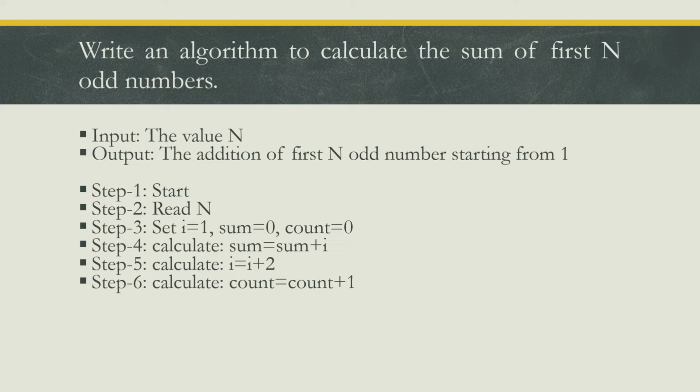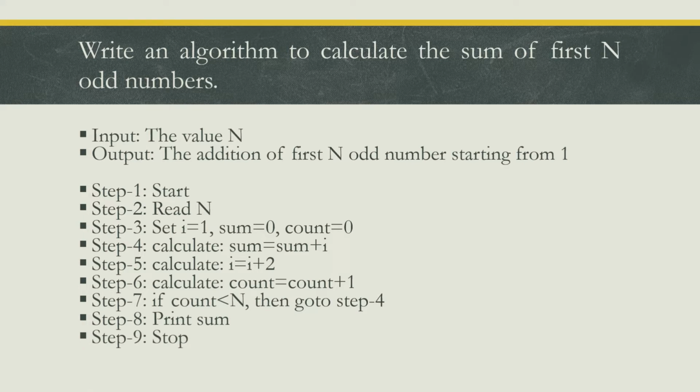We have to increment the value of count by 1 as we have processed an odd number. Then step number 7: if the value of count is less than n, then we have to execute steps 4, 5, 6 again. And if this condition becomes false, then we execute step number 8, that is the result, and step number 9 would be stop.